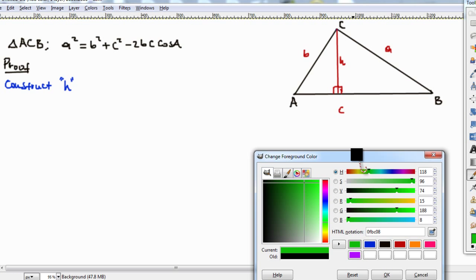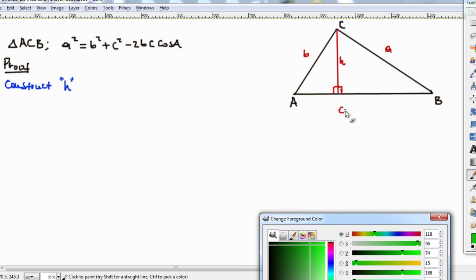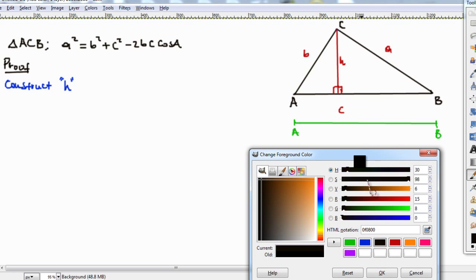Now remember, the entire length is C, with this part A and this part B. After I construct this H, suppose this line intersects the base at some point D. So we construct CD, which is our height, and the length C from A to B.